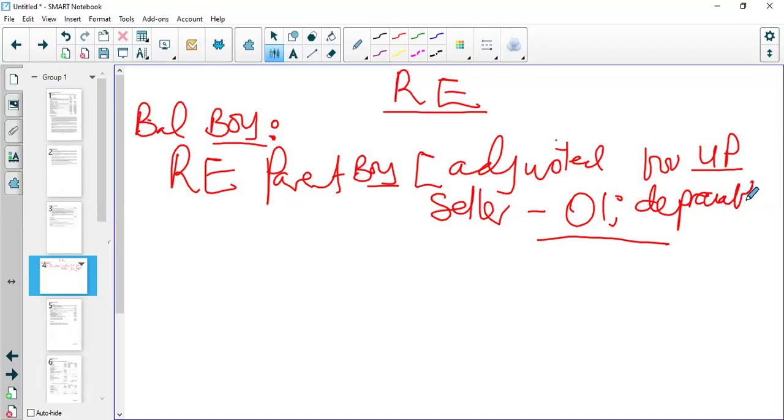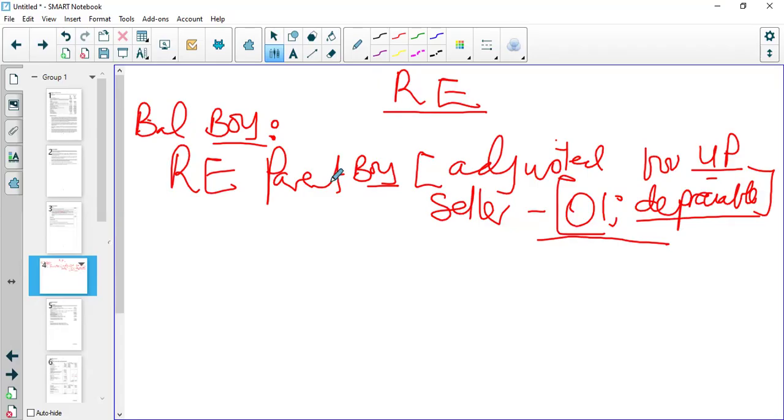We need to remember that the parent would have recorded all the profit at the time, and then we need to reverse that. So we're going to reverse all the profit that was made on the sale of a depreciable asset, and then give the seller the portion of depreciation realized to date.